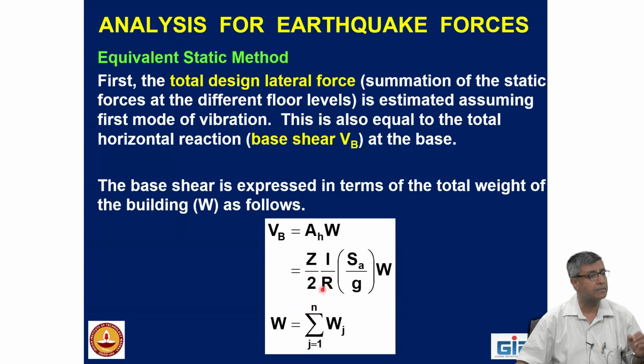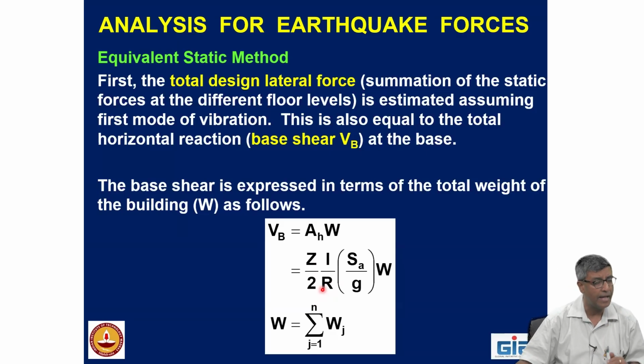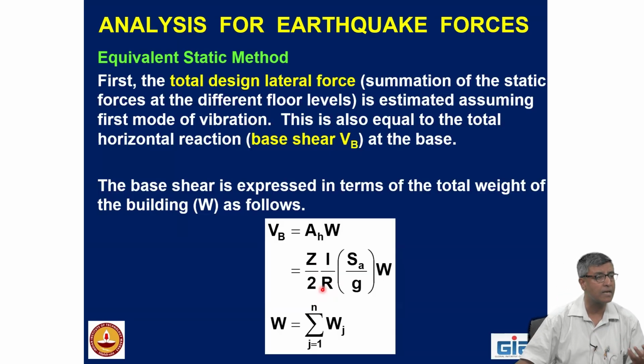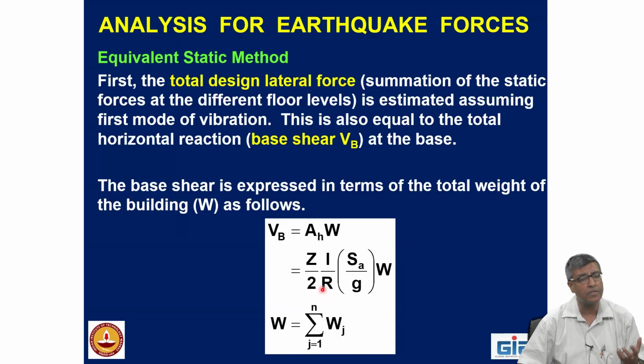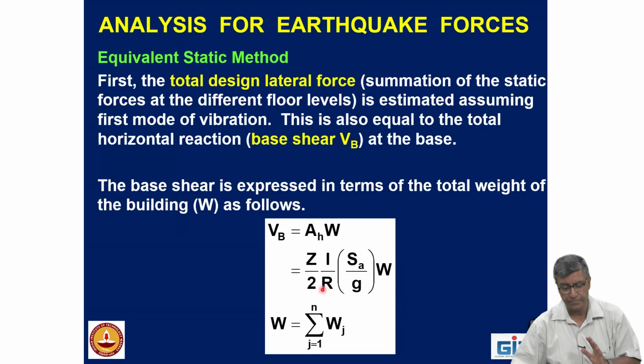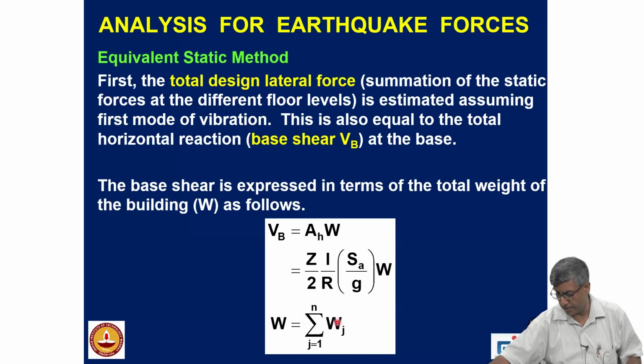R is a reduction factor because finally we are doing an elastic analysis, but we will be doing an analysis for lower forces, and that reduction is based on the ductility that we expect in the building. What is ductility? It is the ability of the building to deform laterally without giving up to a certain extent. And this weight, as I said, can be computed based on the weights of each level.